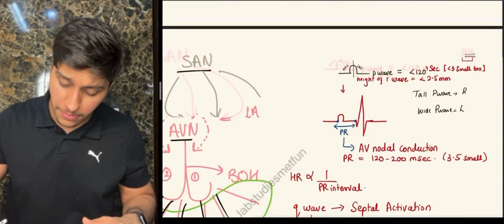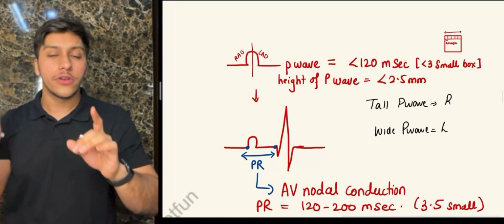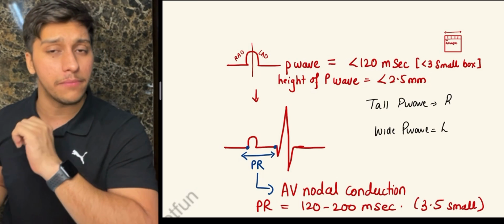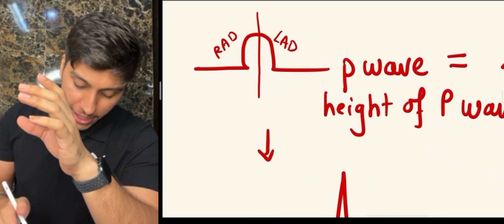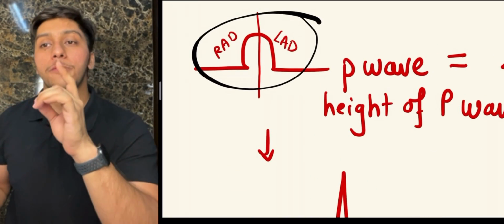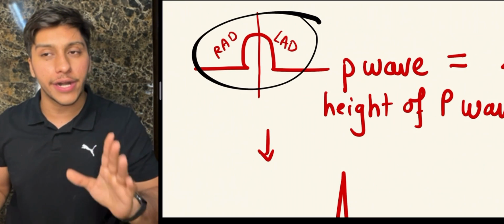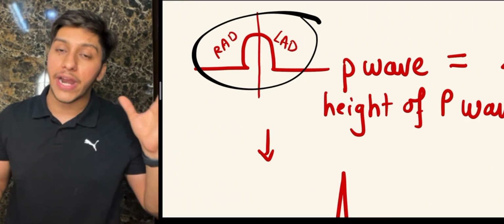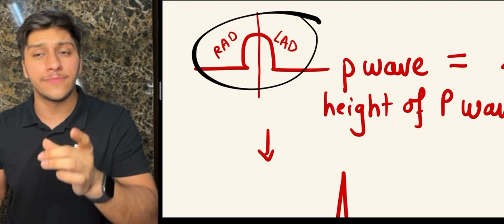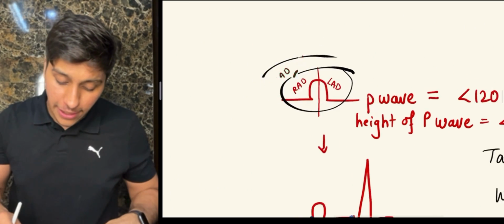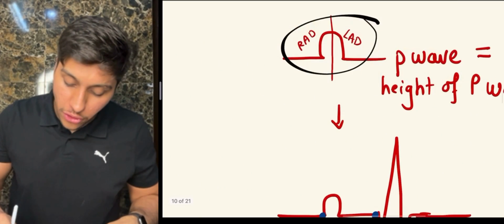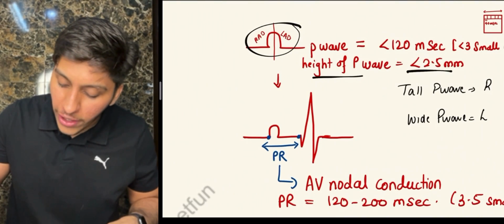Other facts which you have to remember, as I told you, P wave. Normal P wave value is going to be less than 3 milliseconds. Okay, so now, P wave signifies two things. Your P is atrial contraction, correct? So P wave can be either right atrial contraction or left atrial contraction. So how do you find it out? Normal P wave height is 2.5 mm.